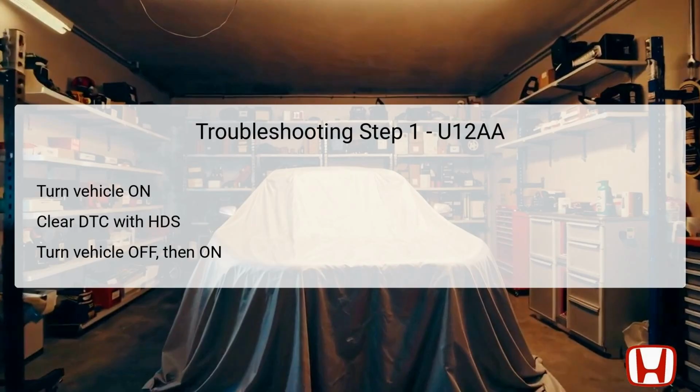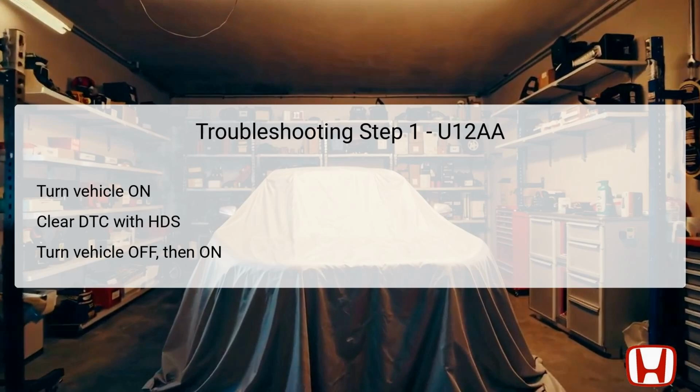The first step in troubleshooting DTC U12AA involves basic vehicle checks and documentation. Begin by turning the vehicle to the on mode, which powers the electrical systems without starting the engine. Using the Honda Diagnostic System, HDS, clear any existing diagnostic trouble codes to reset the system.